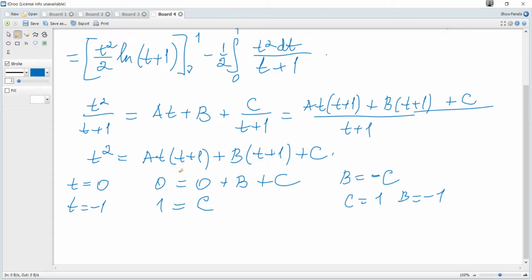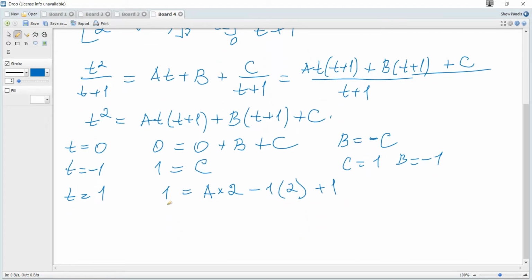And we need a, and let's consider t to be 1, for example, so it becomes 1 equals a multiplied by 2, plus b, which is negative 1, multiplied by 2, and c is 1. So we can see that a is 1.